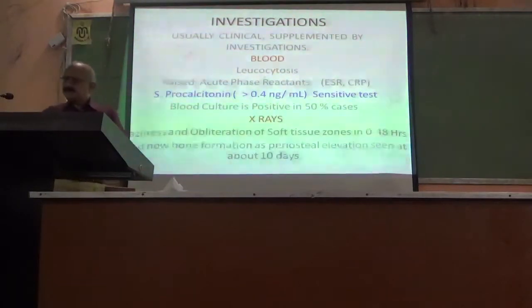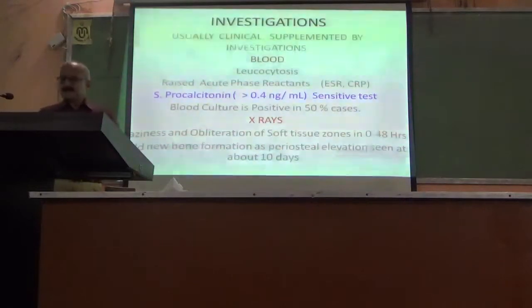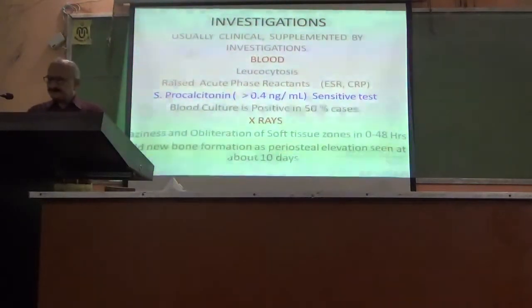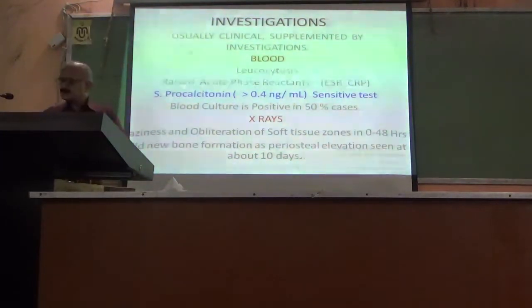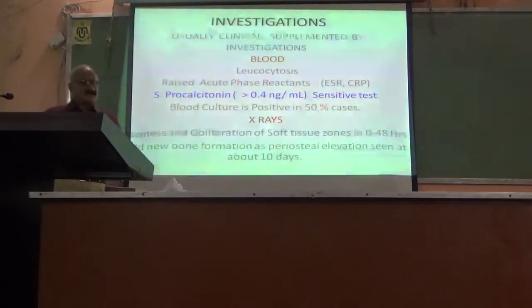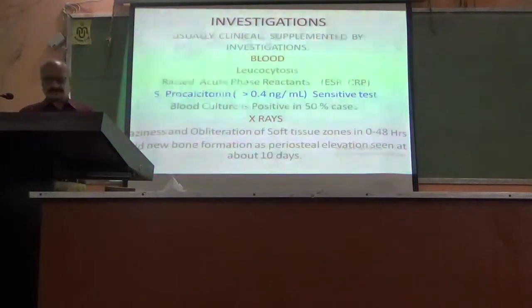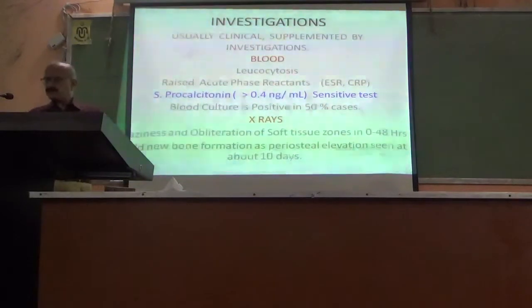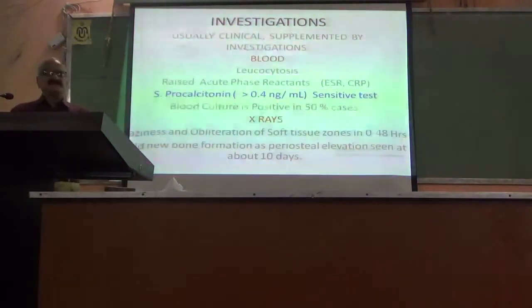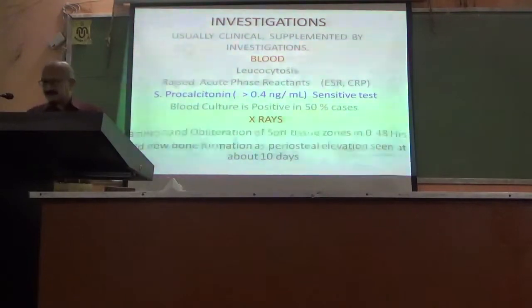Still, blood investigations show leukocytosis, maybe much more, even 20,000, 25,000. Raised acute phase reactants you get in terms of raised ESR or C-reactive protein. And a very important sensitive test is serum procalcitonin, which we usually get more than 0.4 nanogram per milliliter. It's a very, very sensitive test. Apart from this, the blood culture is positive in about 50% of cases.